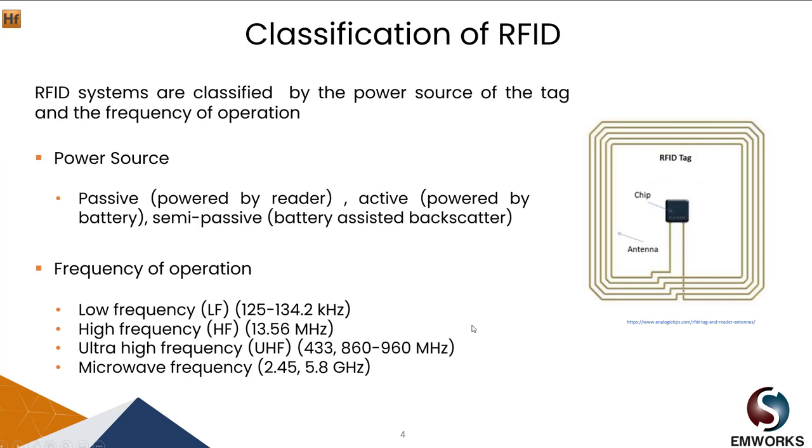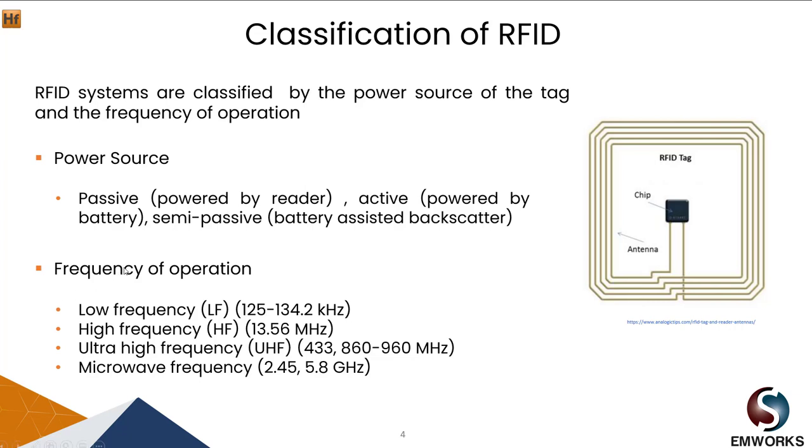Alright, so let's talk about some types of RFID. RFID systems are classified based on the power source of the tag and the frequency of operation. For the power source, we have a passive tag, which is powered by the reader, and the active tag, which is powered by a battery.